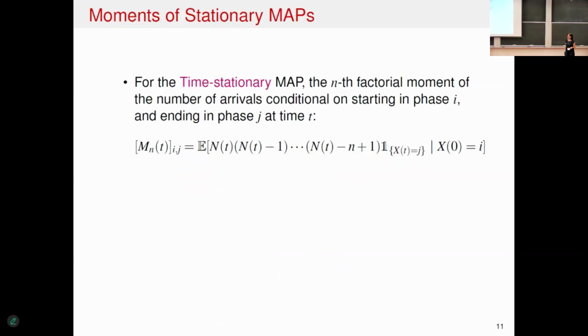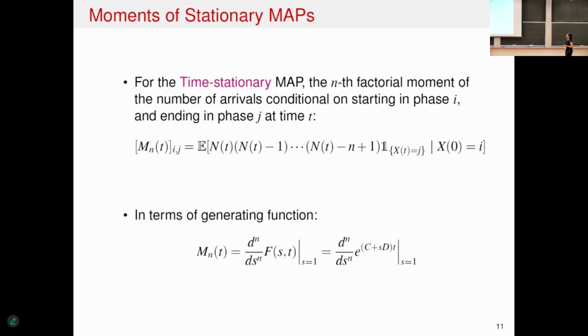So in the time stationary case, I started to find the conditional n-th factorial moments of the number of arrivals, given that the process at time 0 is in state i and at time t is in state j. The normal way of finding that, as in Asmussen's book, is based on the derivatives of the generating function, which in terms of matrices C and D can be given by this.